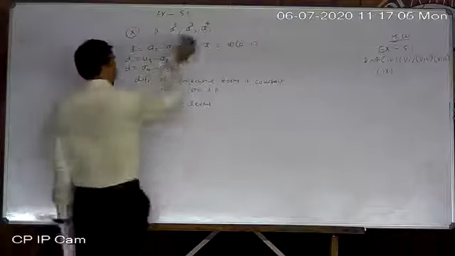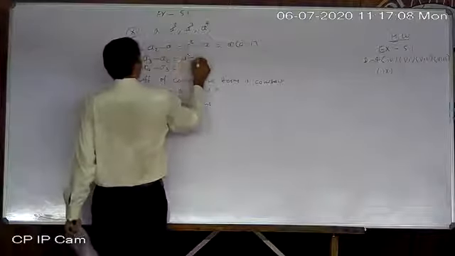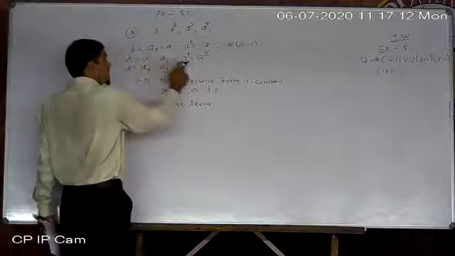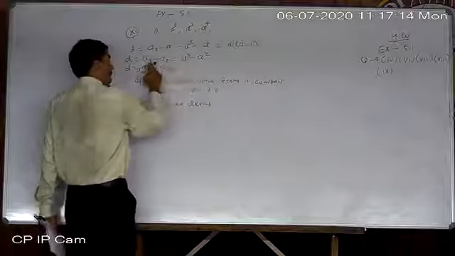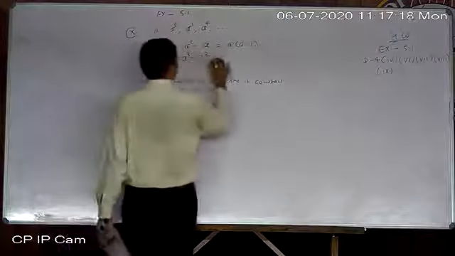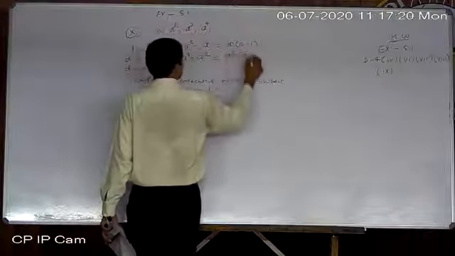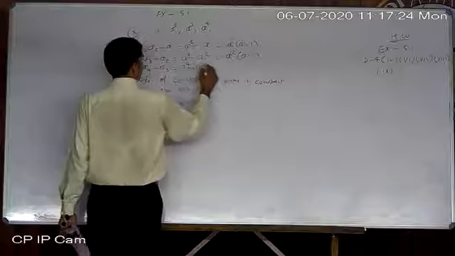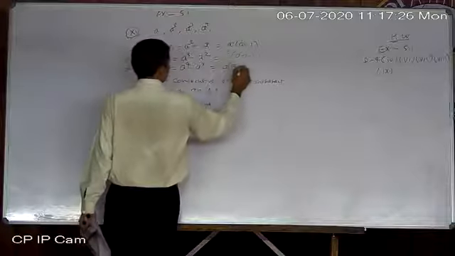Again, here is A3 minus A square. Don't confuse. This is A3, meaning the third term, which is A cube. The second term is A square. So obviously it will be A square times A minus 1. Now A4 minus A3. So A cube is common, A minus 1.